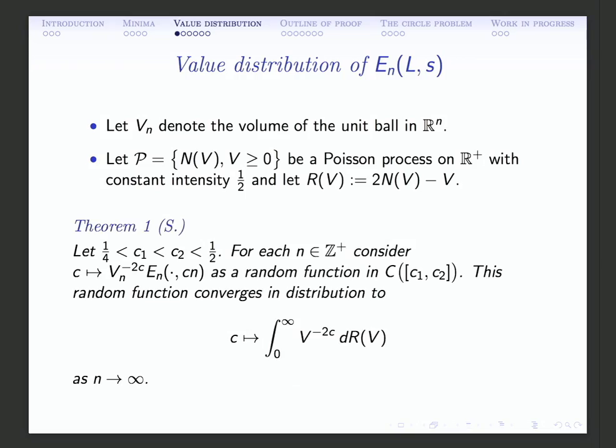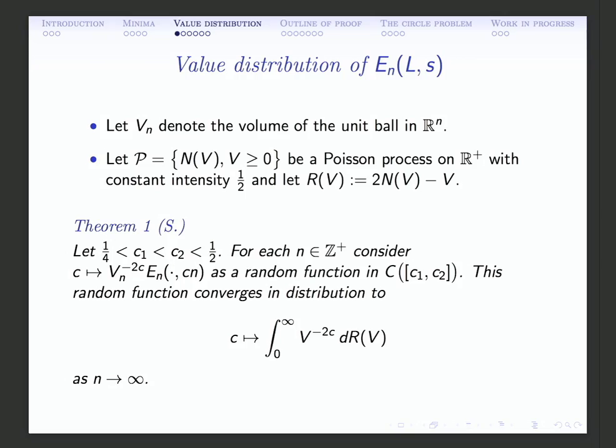And the result is that if I take C1 and C2 numbers between 1/4 and 1/2, then if I normalize this zeta function in the proper way by a certain power of the volume of the unit ball, then I can understand this as a random function as C varies between C1 and C2.